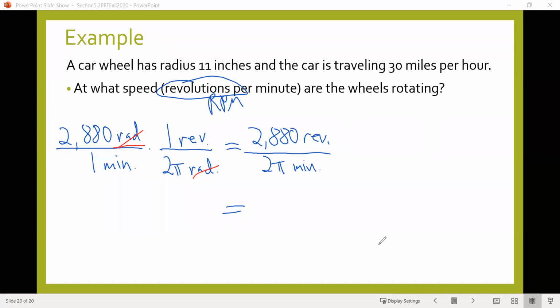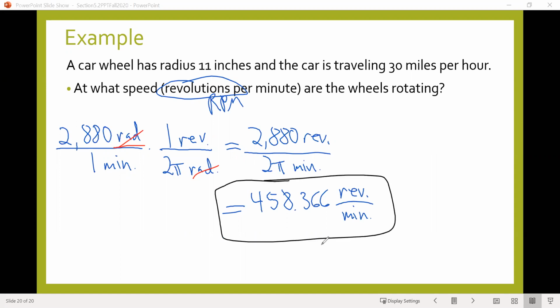Go ahead and divide that in our calculator, and when we do, we'll end up with 458.366 revolutions per minute. So that's the number of times that the tire will spin around every minute, which seems really crazy to me. That seems like a lot of spins to only go 30 miles per hour.